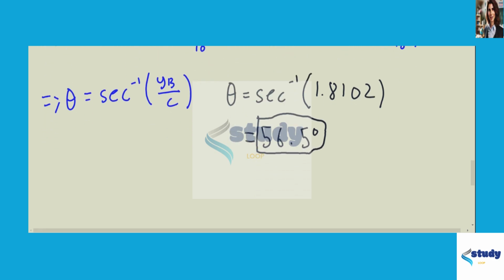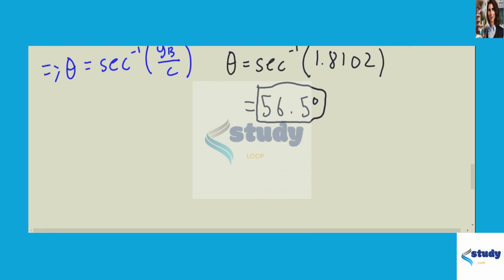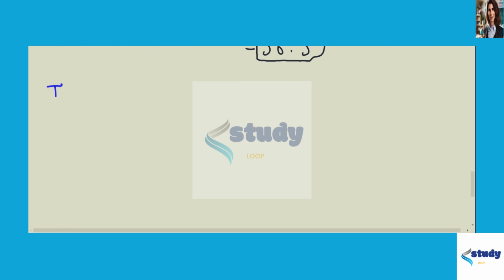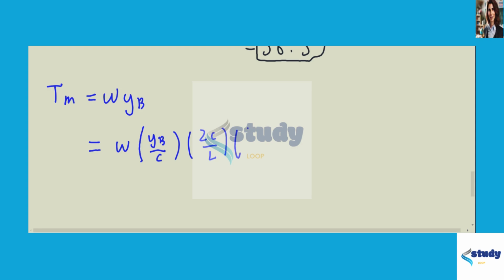And now to solve for our tension T. So again, I'm going to write that the tension Tm is equal to the weight per unit length times the length y of b, which we can then rewrite as W times y of b over c times 2 times c over L times L over 2.